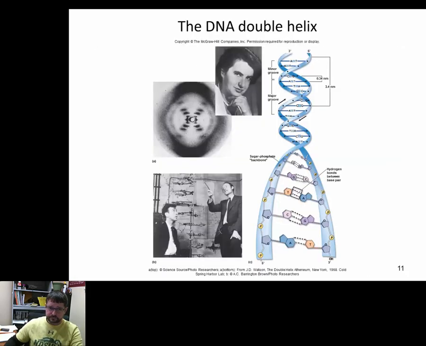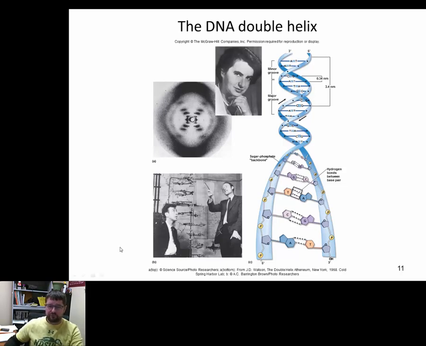So Rosalind Franklin was getting credit, not nearly as much as Francis Crick and James Watson, but she was getting credit for the structure of DNA. It's just that if you are dead, the Nobel Prize committee will not award you a Nobel Prize. So you cannot get a Nobel Prize if you're not living.